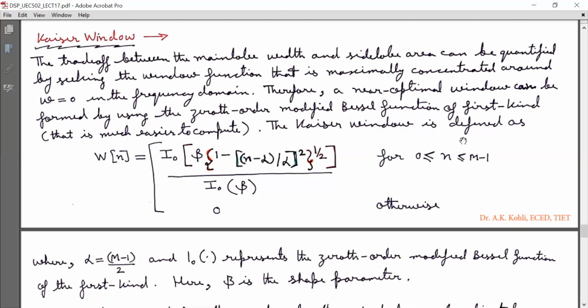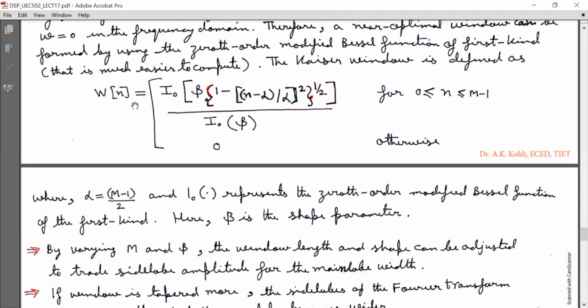The Kaiser window is defined as w[n] is equal to I naught, where I naught represents the 0th order modified Bessel function of the first kind, of beta times the square root of (1 minus ((n minus alpha) by alpha) squared), divided by I naught of beta, for n ranging between 0 to M minus 1 as shown, and 0 otherwise.